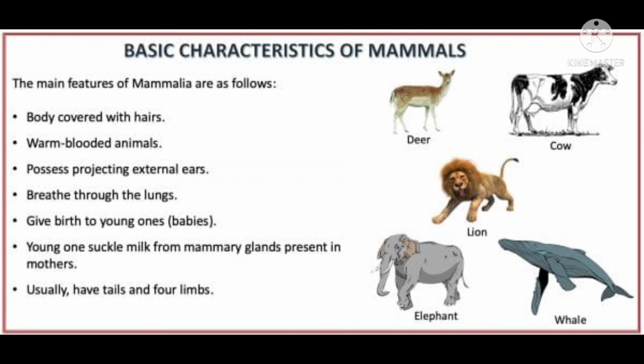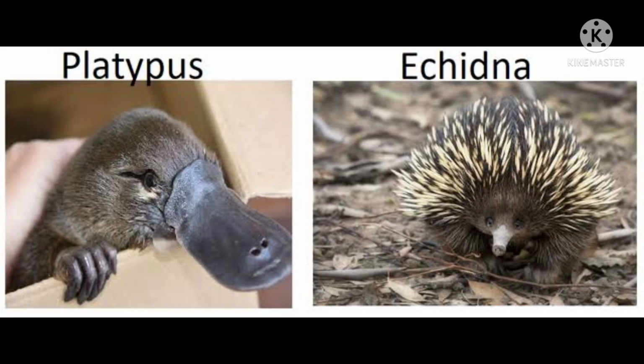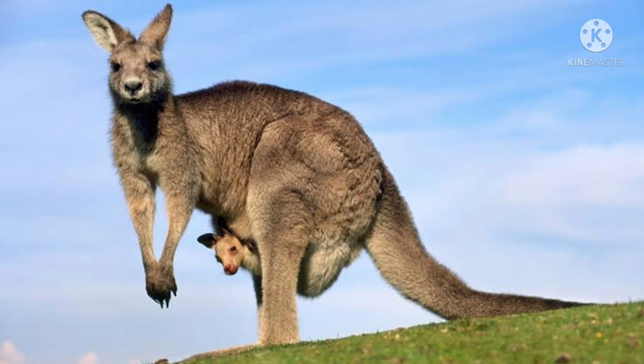Most mammals familiar to us produce live young ones, hence they are viviparous organisms. A few of them, like platypus and echidna, lay eggs, whereas others, like kangaroos and humans, give birth to young ones.